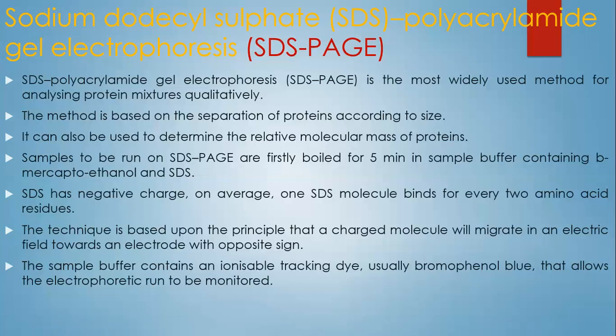The technique is based upon the principle that a charged molecule will migrate in an electric field towards an electrode with opposite sign. The sample buffer contains an ionizable tracking dye, usually bromophenol blue, that allows the electrophoretic run to be monitored.